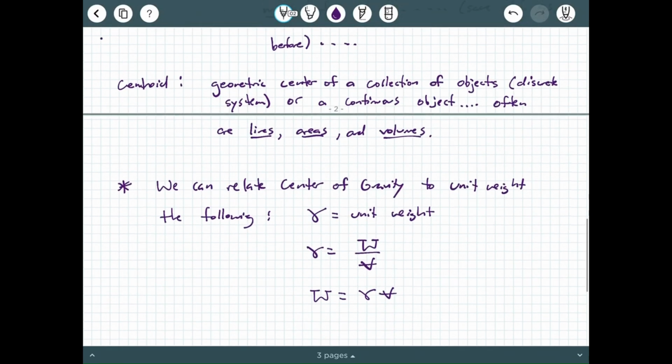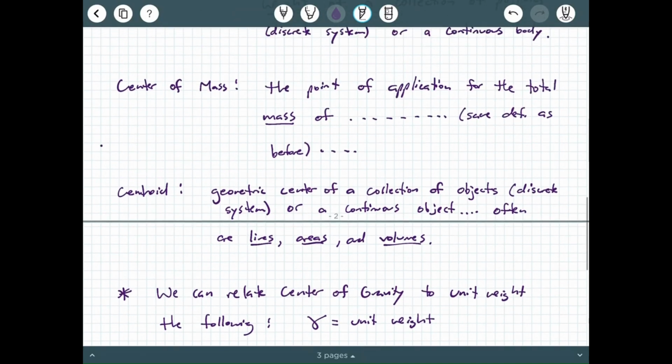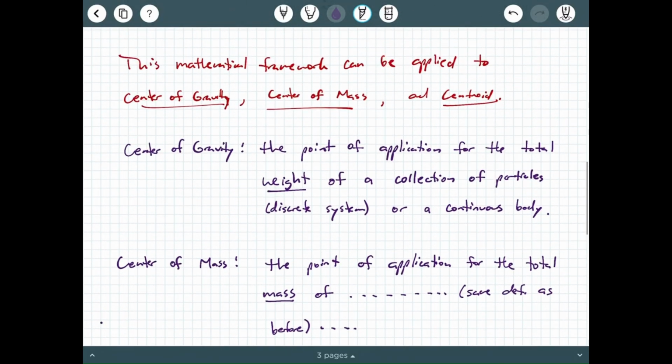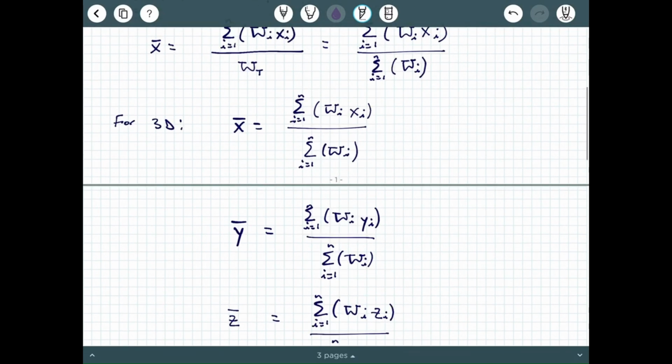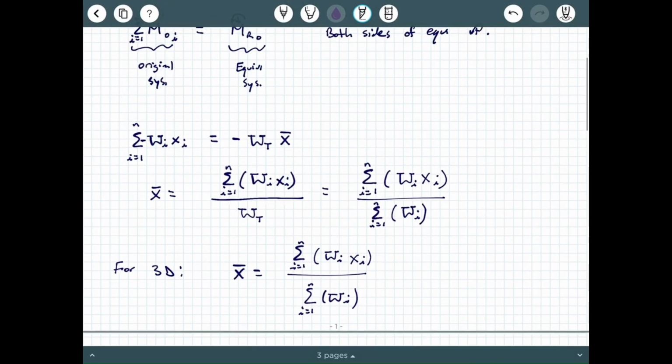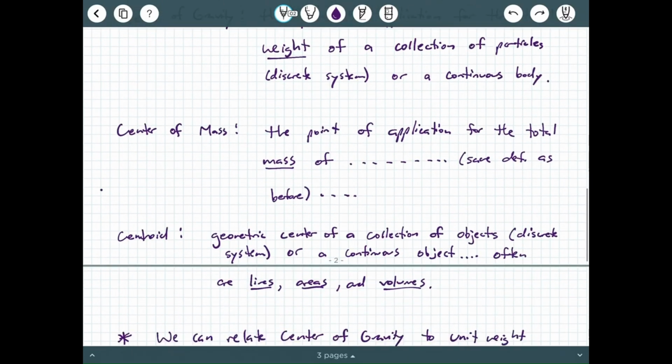So if you were given a unit weight of a collection of objects, then we can compute the center of gravity, because if we know the volume, we can relate volume and unit weight together through weight right here. Okay, so that's how we can look at that.